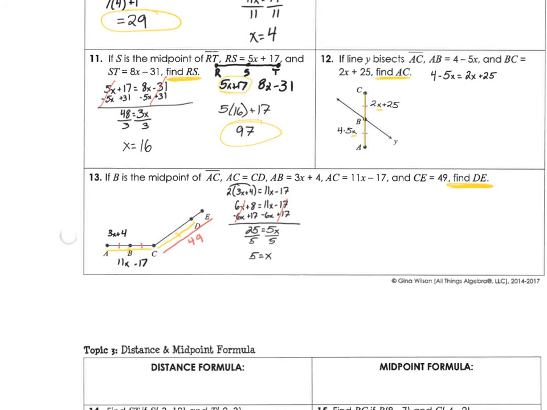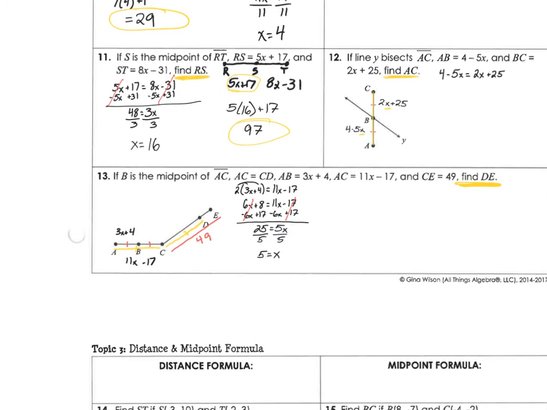Okay. So our next order of business is we have to find out how long AC is, because AC is equal to CD. So let's plug that number in. We'll do 11x. Sorry, not x. We know what x is. 11 times 5 minus 17. What's that going to give us?